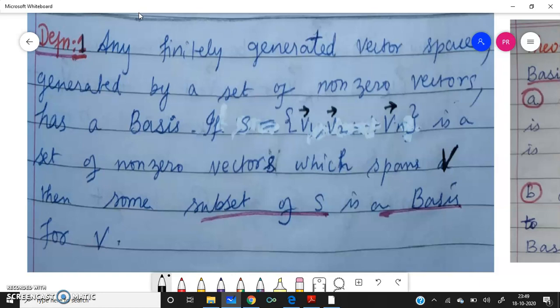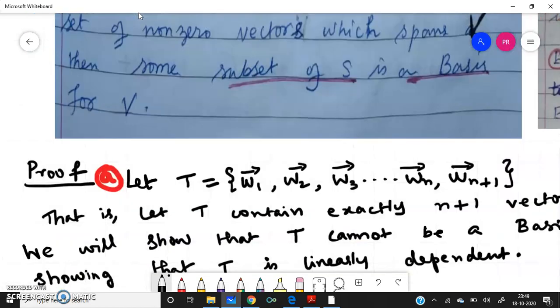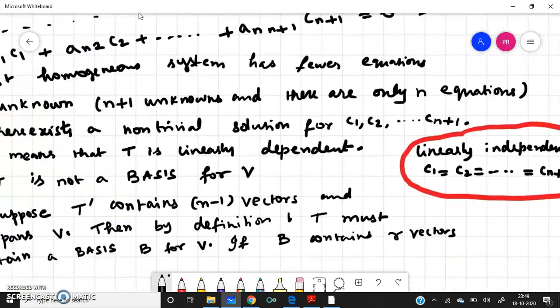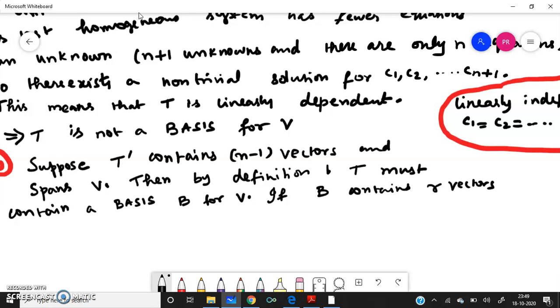So a subset of V1, V2 and so on to Vn is a basis if V1, V2 and so on to Vn spans V. Using this condition, we are sure that it contains a subset B and this is a basis for V. A subset means the elements are fewer, no? So B contains r vectors.